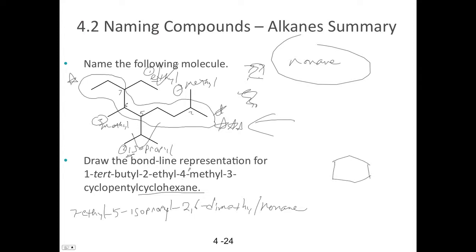So we draw the cyclohexane. No problem. We'll just draw the 1-tert-butyl in any position. We'll say this is 1. Here's 1-tert-butyl. 2-ethyl. So 1-tert-butyl, 2-ethyl. Okay, so we did this. 4-methyl: 1, 2, 3, 4-methyl.